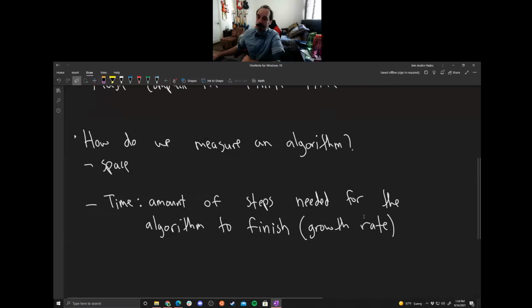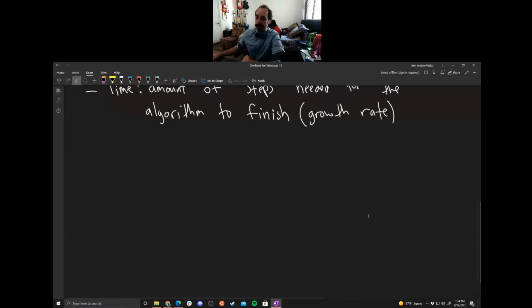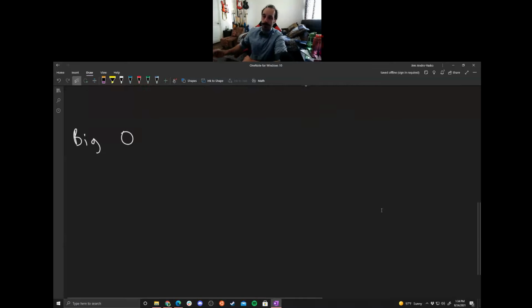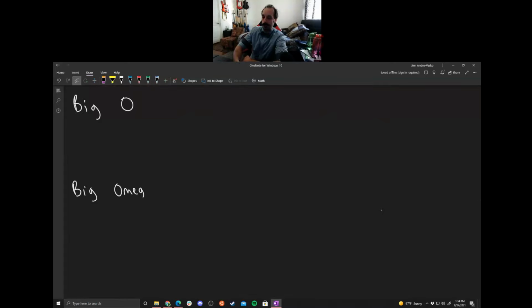So we also have a set of complexity classes. Let me see, we have big O notation. I'll just list it out like this. We have big O, which you learned in 302. Big omega, I'll use the symbol, and then big theta.